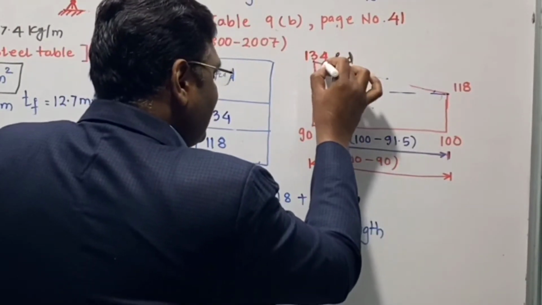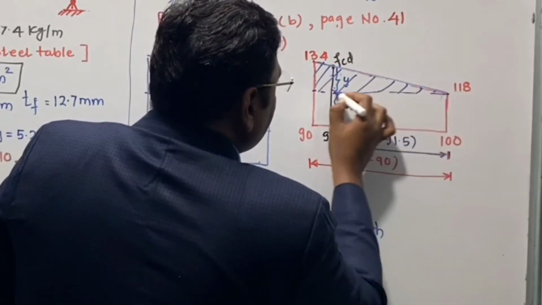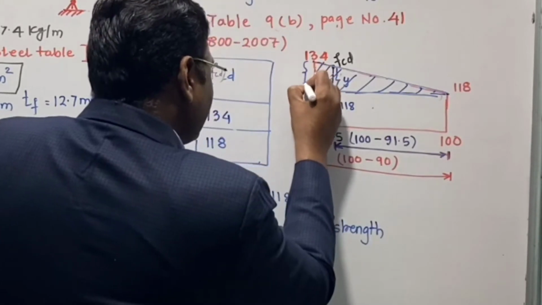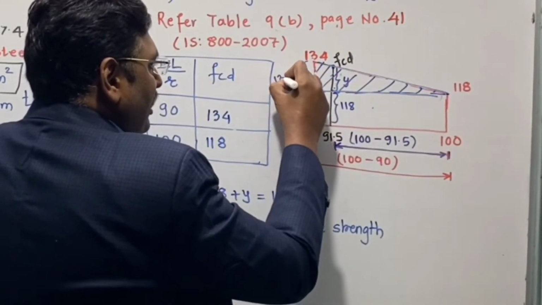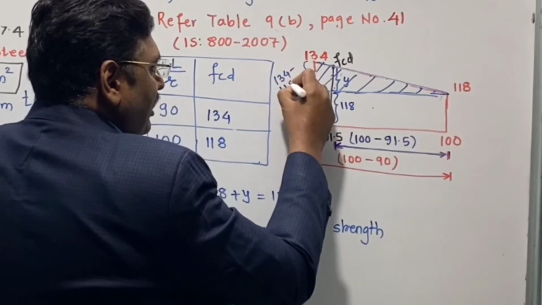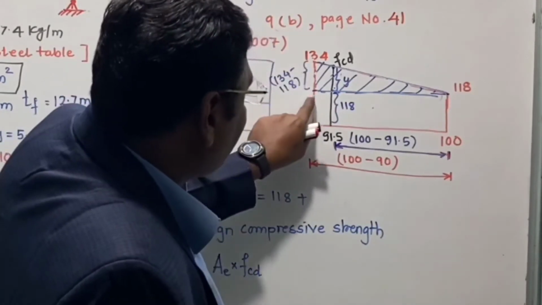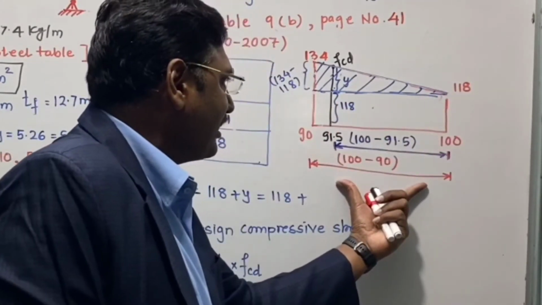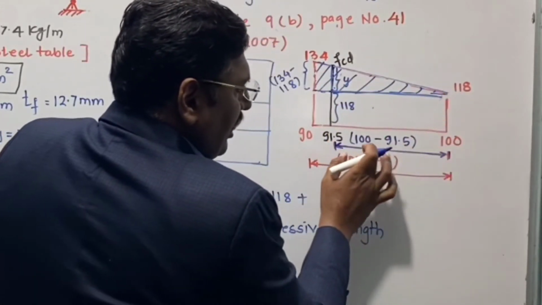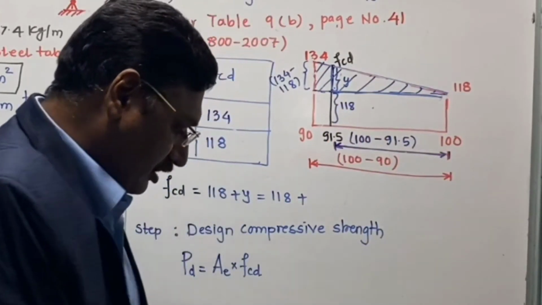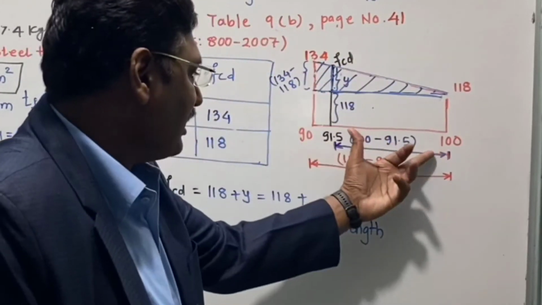We will take this particular triangle, and for this triangle this height is 134 minus 118. For 134 minus 118 your length is 100 minus 90, and for this y your length is 100 minus 91.5. So y is equal to this upon this into this length.